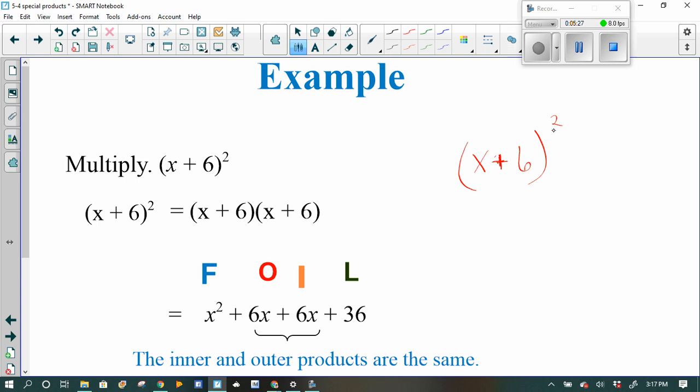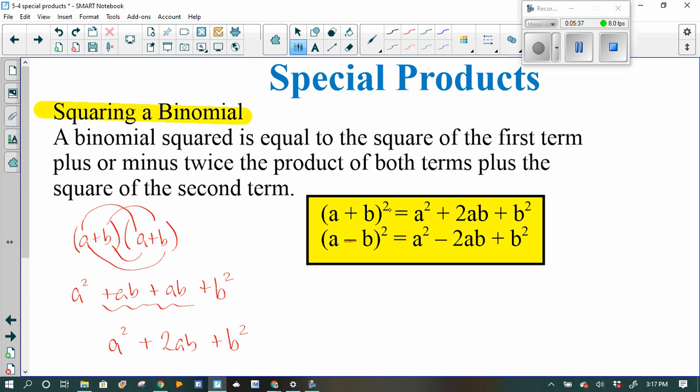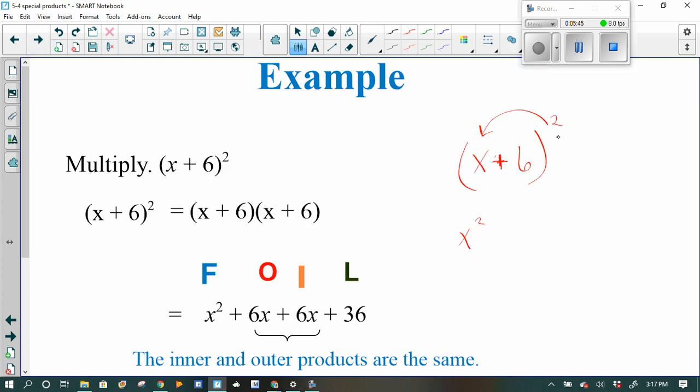Okay, and the rule says to square the first term. So x squared is x squared. It also says, because if you look back here, it says a squared, that gave me a squared, but it also says to square this term. So that's going to be b squared. So then I'm going to take and square this. So 6 squared is 36, and that's a positive 36.